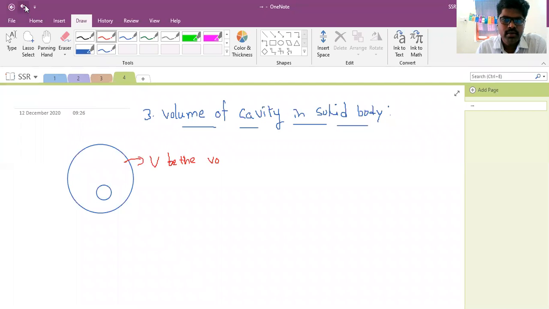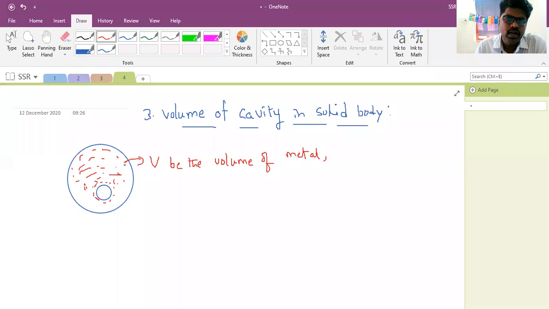Try to understand. Let capital V be the volume of metal only. That means only this much, whatever you have taken without the cavity. This is capital V, the volume of metal. Are you clear on this point?